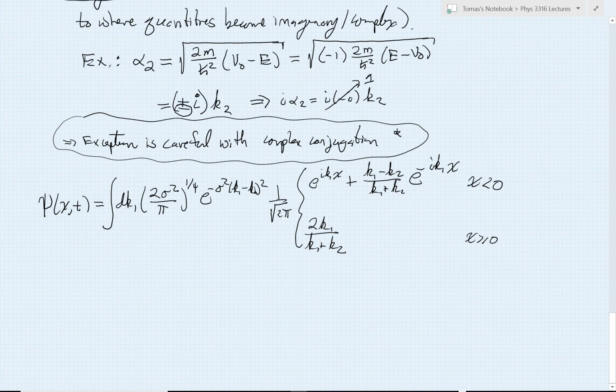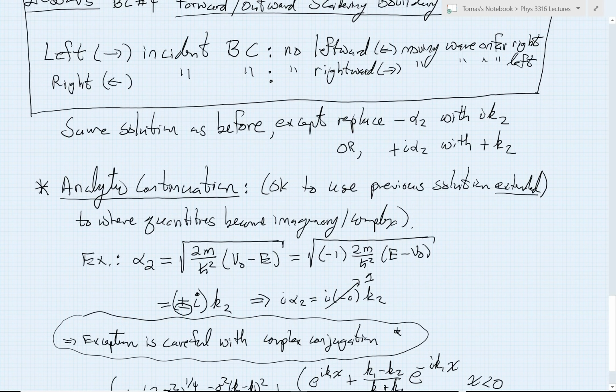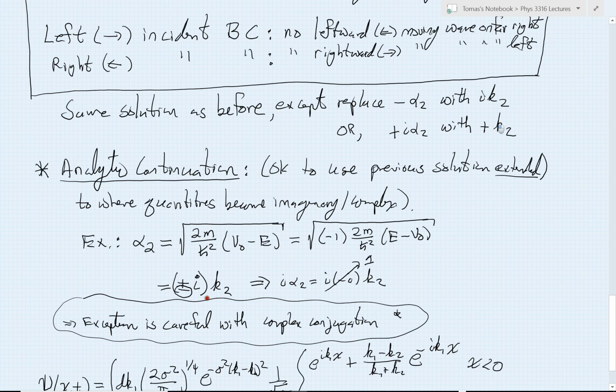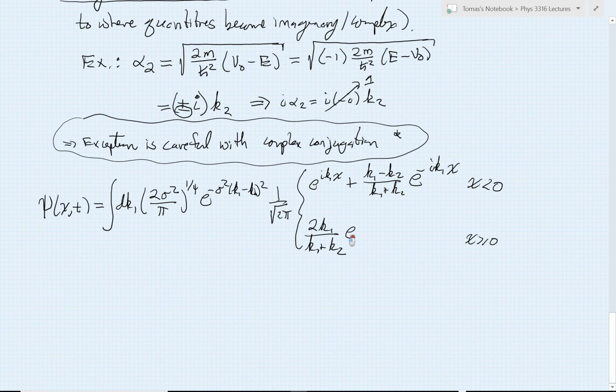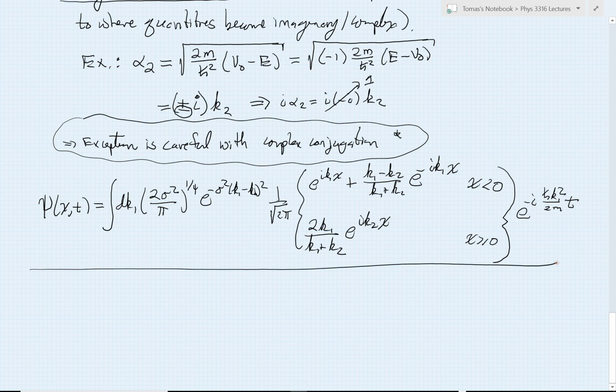Up above, I had e to the minus i alpha 2, but we've been through this before. Minus alpha 2 is plus i k2, so this has just an e to the i k2 x. So I've made all of those replacements. And then finally, I have my time-dependent part, which doesn't have any alpha 2s, so it's exactly the same. It's e to the minus i h bar k1 squared over 2m times t. And that is the solution to the downward step.